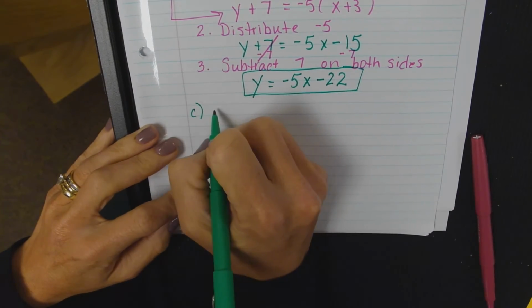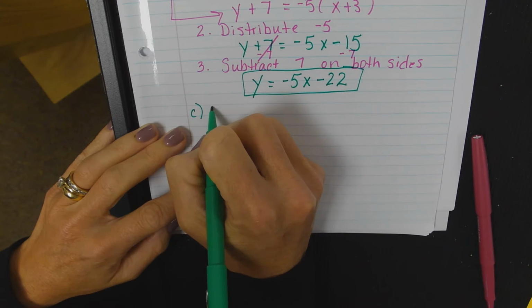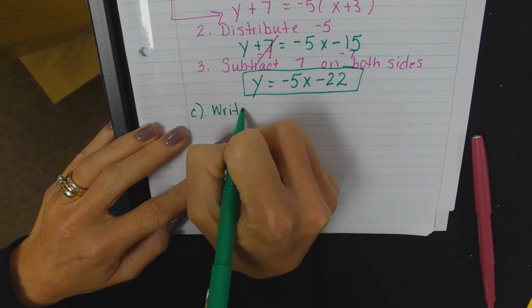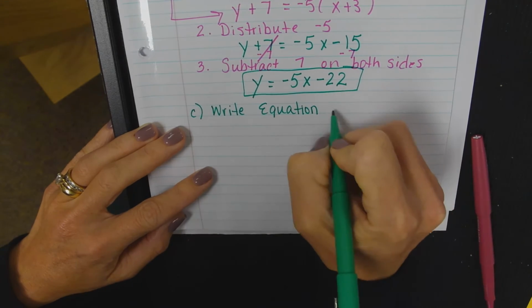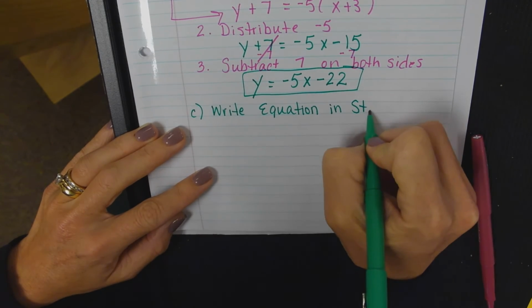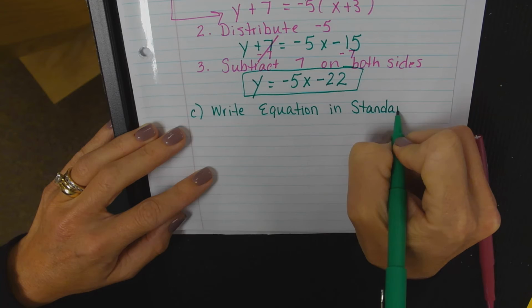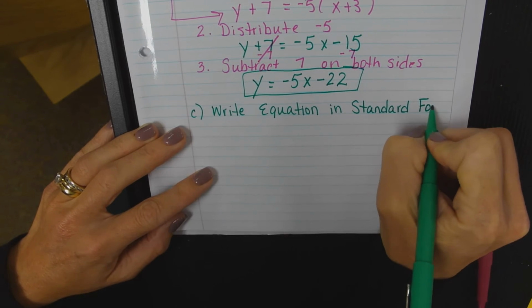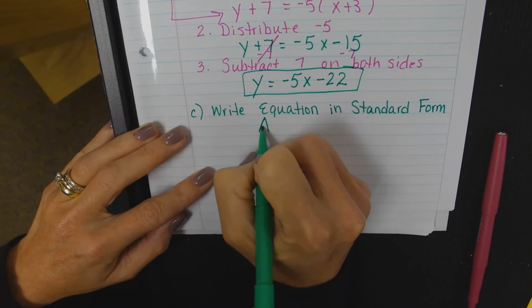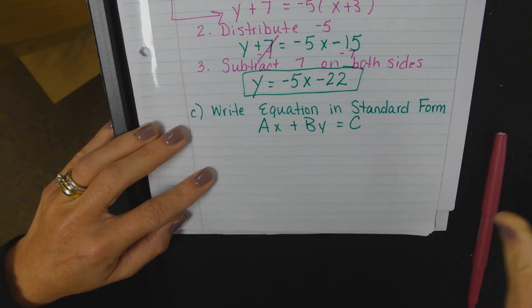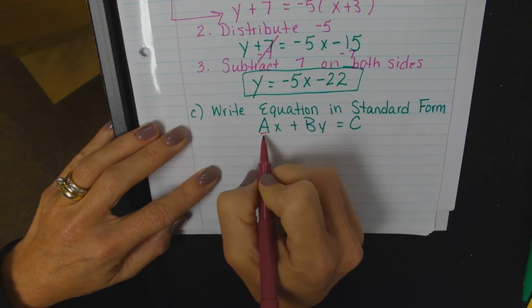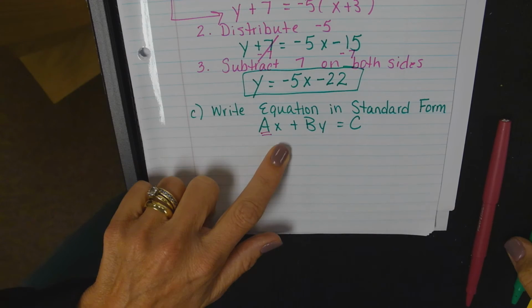All right, C. Part C, what form are we doing? Write the equation in standard form. Y'all's favorite. It's so fun. It's actually fun once you get the hang of it. All right, Ax plus By equals C. Please remember your A rules, okay?